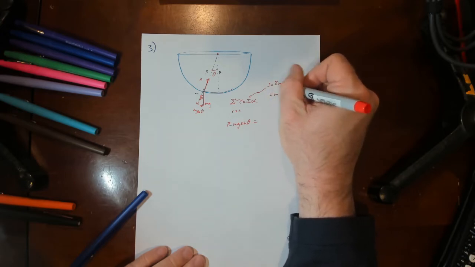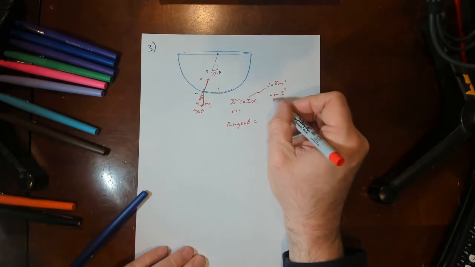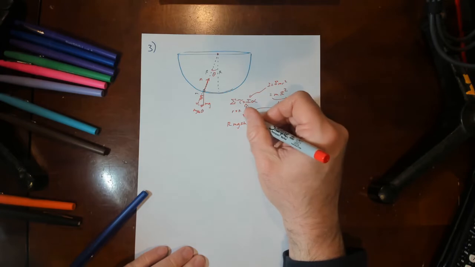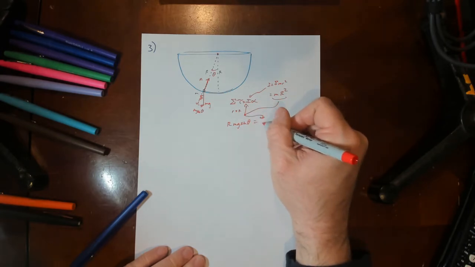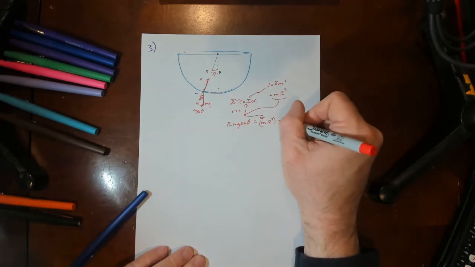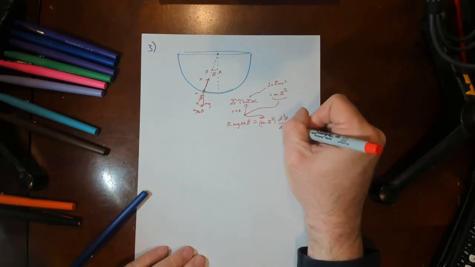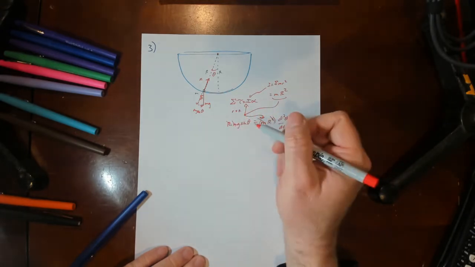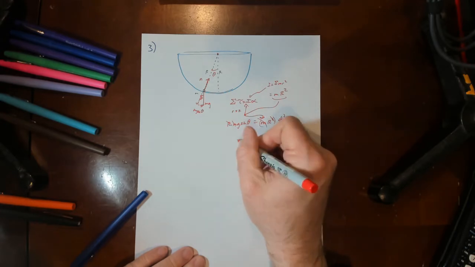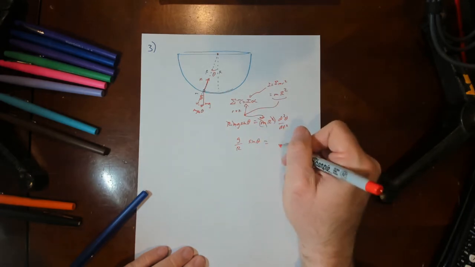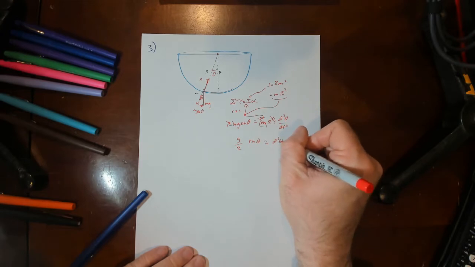I've got my mass m, and my radius is just the radius of the bowl, so I is m r squared. And then alpha is the second derivative of theta with respect to time. I can see the m is going to drop, and one of the r's is going to drop. I'm going to end up with g over r sine theta equals the second derivative of theta with respect to time.